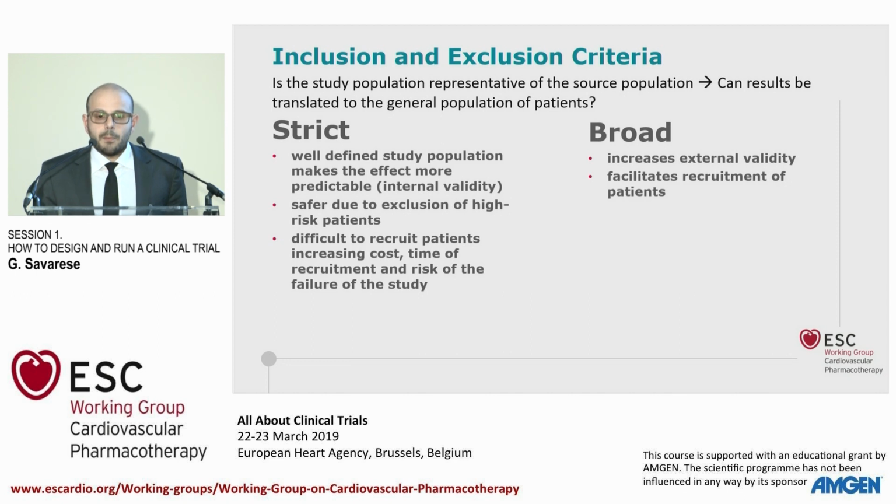So using broad criteria increases external validity, but of course we have a less defined study population, and so the internal validity is reduced. And of course, using broader inclusion and exclusion criteria facilitates the recruitment of patients, and this means that the trial will also be cheaper.